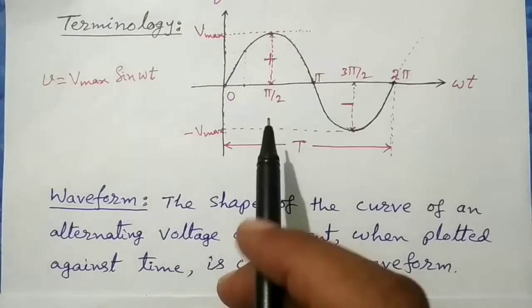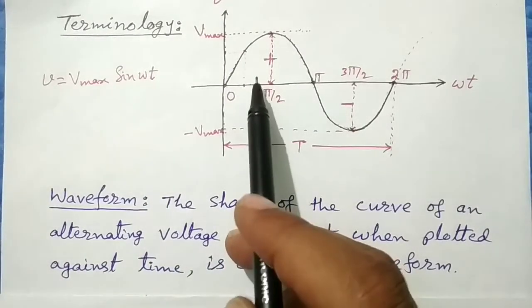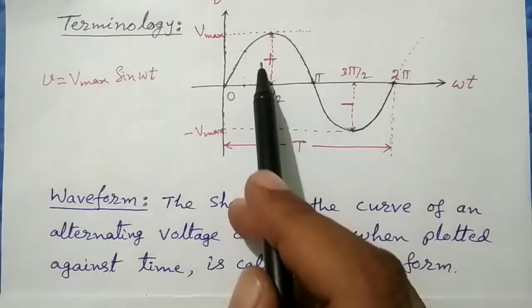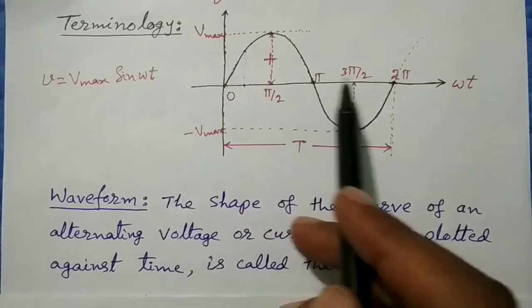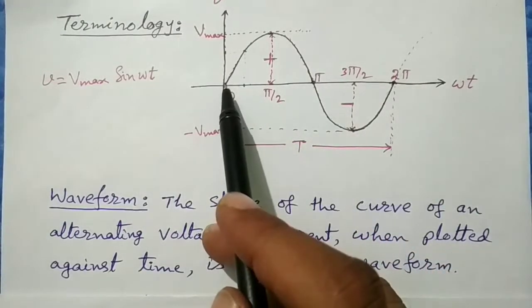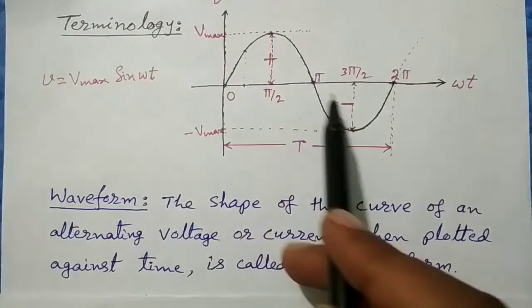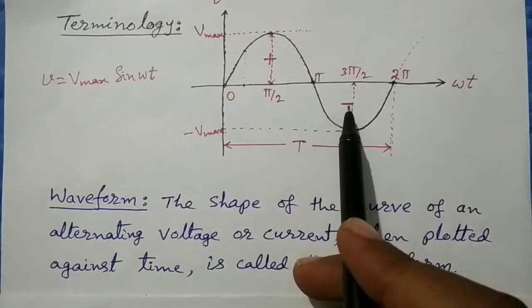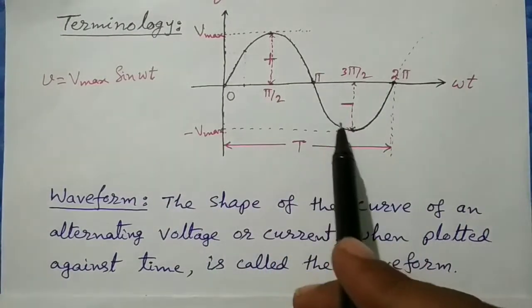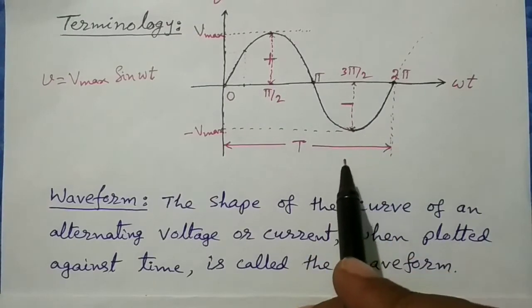Here we can see the two parts of the waveform: from 0 to pi it is positive, and from pi to 2 pi it is negative. And the value of the positive and negative parts will be exactly the same. This type of waveform is considered a symmetrical waveform.